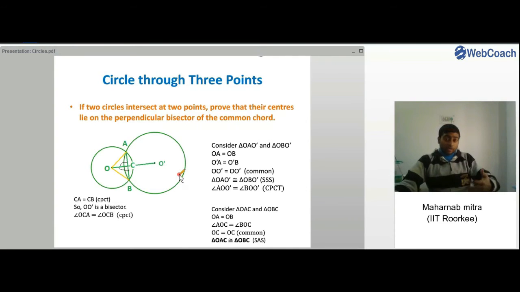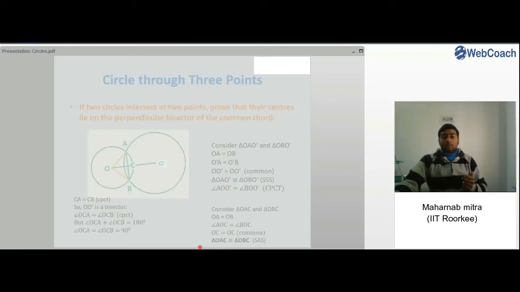So corresponding parts are equal, or corresponding angles are also equal. So OCA equals OCB, but both these angles are linear pairs, because they are lying on a straight line, which is ACB. So angle OCA plus OCB is 180 degrees, because they are lying on the same straight line.